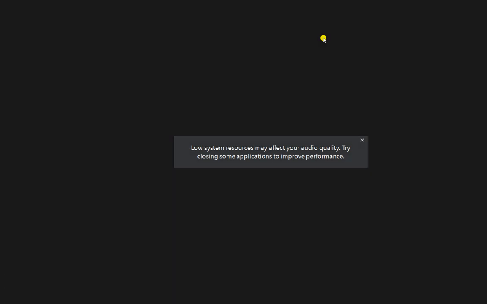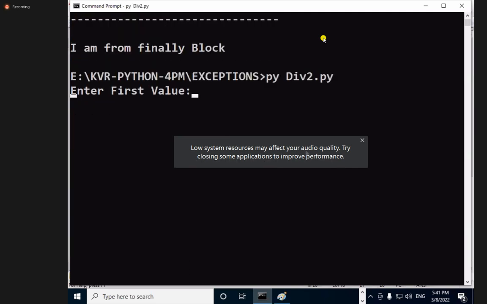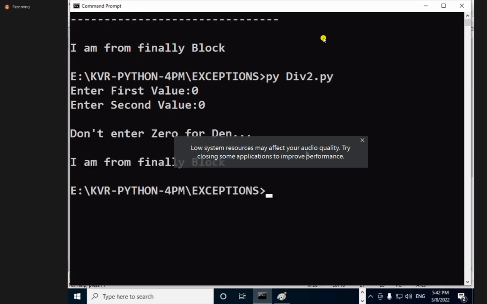Okay, try block, else block, finally block, like that. Irfan, you forgot the finally block. Now next, 0 and 0. Which blocks? Try block, except block. Very good. Try block, except block, finally block.